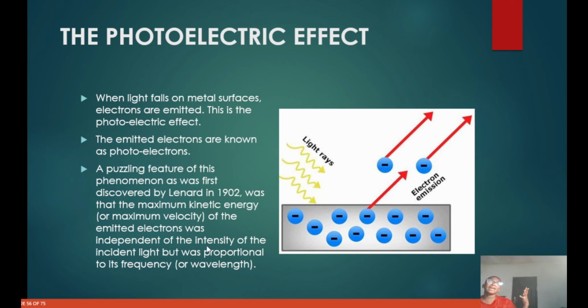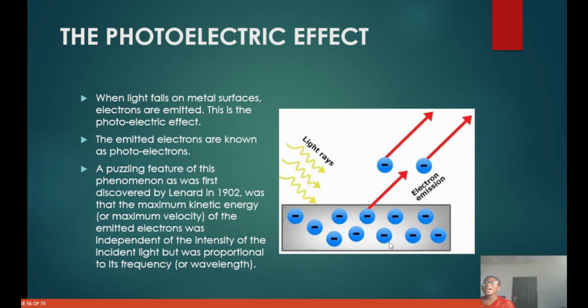When I put a big light, that is when the electrons will leave more, or when I put a small light, it's telling us that no, the maximum kinetic energy, kinetic energy being the energy a body possesses by virtue of its motion, of the emitted electrons was independent of the intensity of the incident light, but was proportional to its frequency or the wavelength.